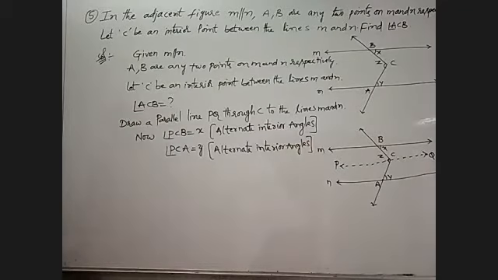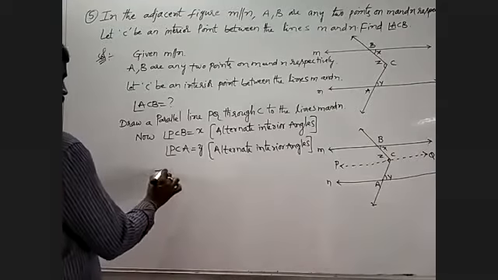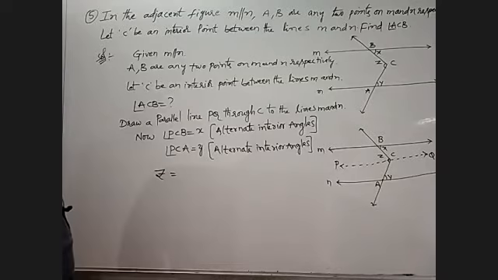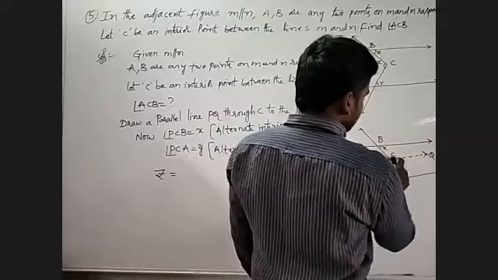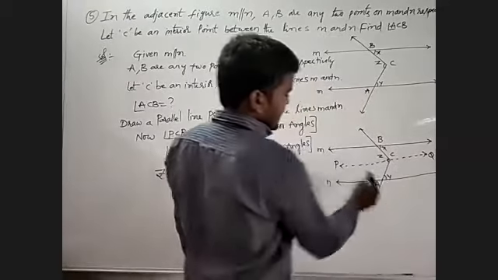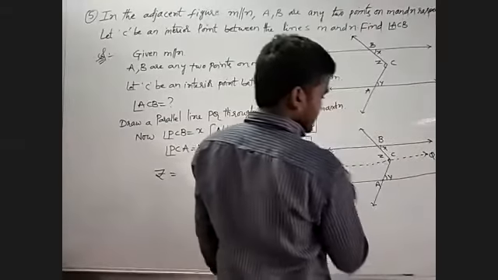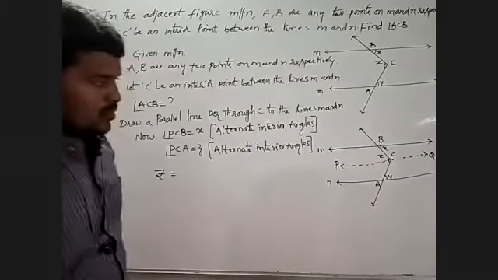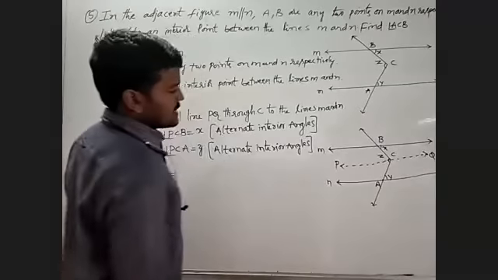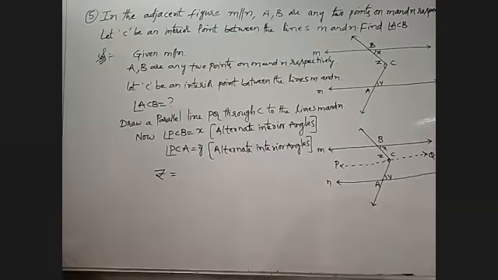We know angle PCB and angle PCA. After that, we will write Z. What about the value of Z? Z is equal to angle PCB plus PCA. The given Z is angle ACB.